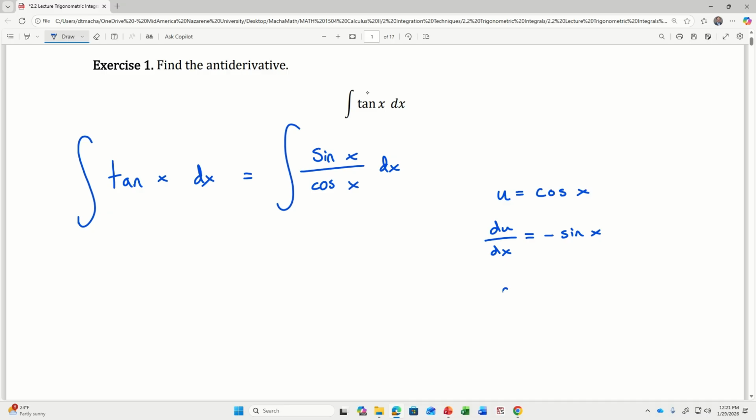And that means I could replace the sine of x dx with negative du.